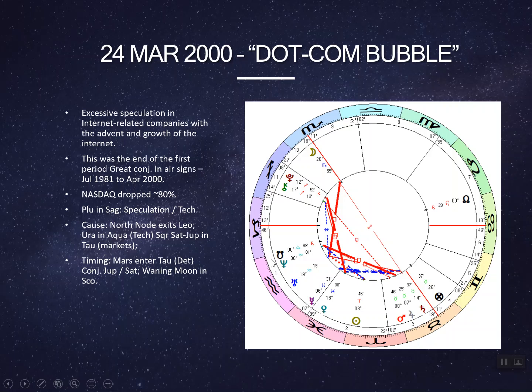So as we go into 2021, the two planets will move forward within Aquarius, and Uranus is currently in Taurus, the sign usually associated with stock markets. So is there a stock market bubble being created, and will it burst? We'll look at that within our forecast in a later video.